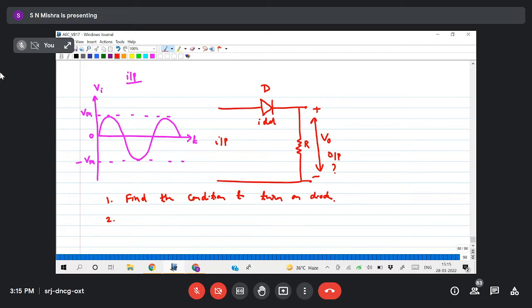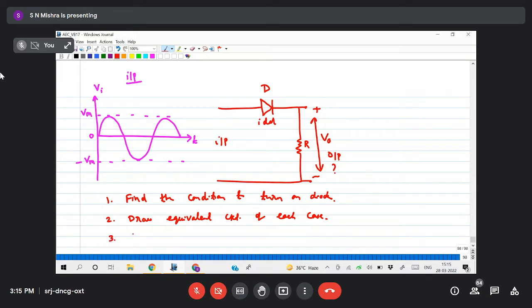Second step, draw the equivalent circuit for each case. Each case means when the diode is on, when the diode is off. Two diagrams you have to draw.